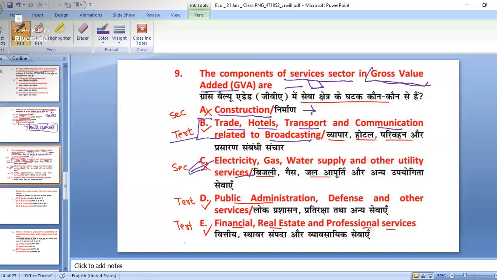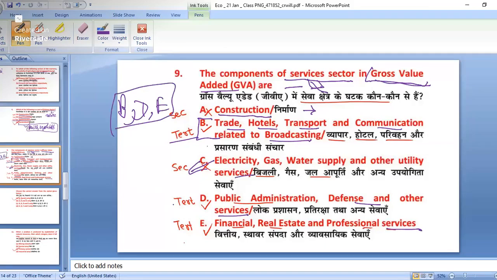Here they are asking about the service sector, so option B is selected. Then public administration, defense, and other services come under the tertiary sector, so option D is also correct. Then financial, real estate, professional services come under the tertiary sector. So B, D, and E are correct.